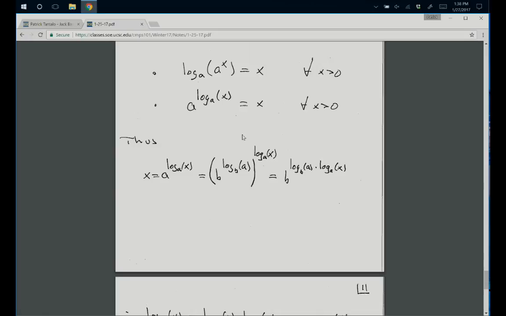And we notice that is a constant. And these two bases are completely arbitrary. So any log function is some constant times every other base, every other log function. So therefore, log base b of n is theta of log base a of n.